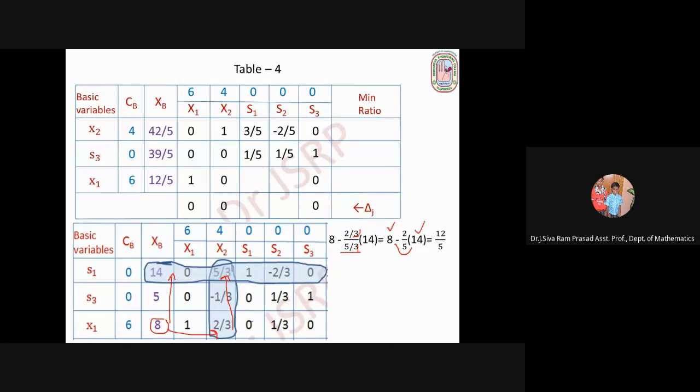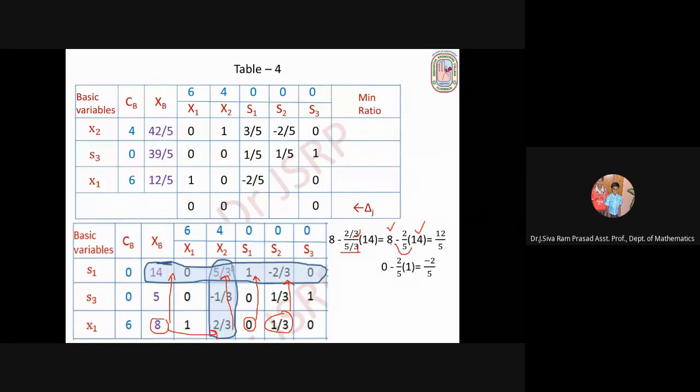Next, S1. For S1, present value 0 and pivot row value 1. Replace 0 and 1 here. So 0 minus 2 by 5 into 1, so minus 2 by 5. For S2, replace present value 1 by 3 and pivot row value minus 2 by 3.